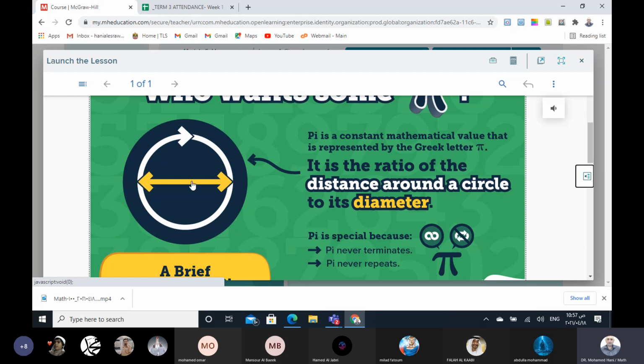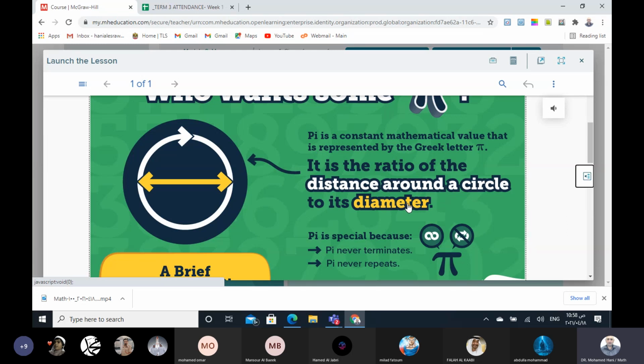And the yellow line between 2 points on the circumference, passing through the center of the circle, is called the diameter.